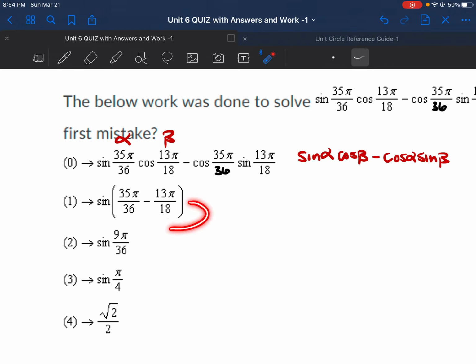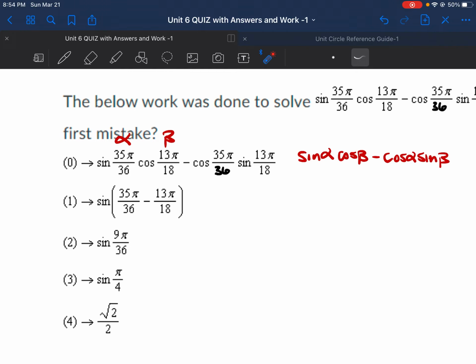So then going from line 1 to line 2, this student is saying sine of 35 pi over 36 minus 13 pi over 18. They're saying this part, 35 pi over 36 minus 13 pi over 18, is 9 pi over 36. And this is also going to be correct, because if we think about 13 pi over 18, notice we want a denominator of 36. We need a common denominator to subtract. To turn the 18 into a 36, we need to double the 18.